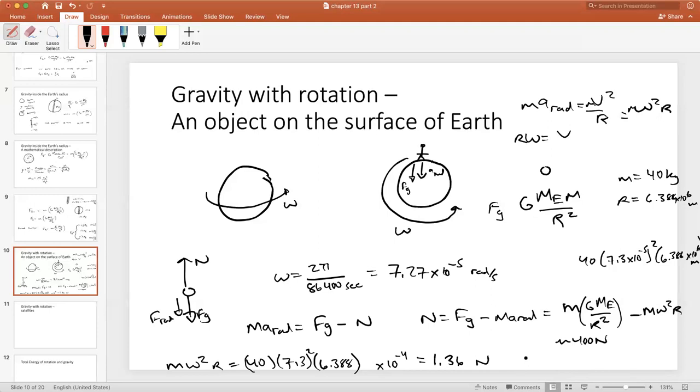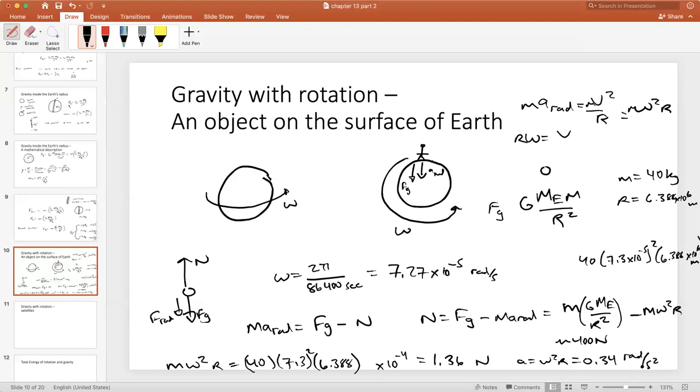The actual acceleration, omega squared r, if we divide this by your 40, so divide 1.36 by 40, I get 0.34 rads per second squared.